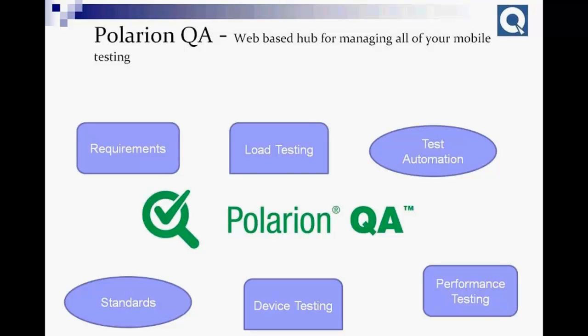In particular, if you're not familiar, it's Polarian QA, which is our quality test management web-based platform. But you might not be aware that it's really a hub for managing all of your mobile activities. So whether it's your requirements that need to be linked to test cases, your load testing, performance testing, and all of your device testing, that can be managed right within the Polarian platform.